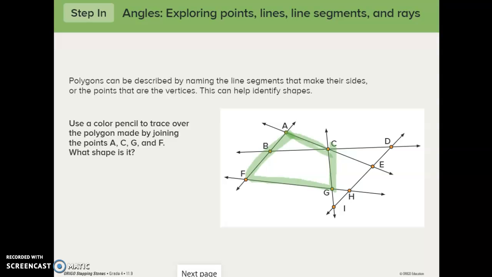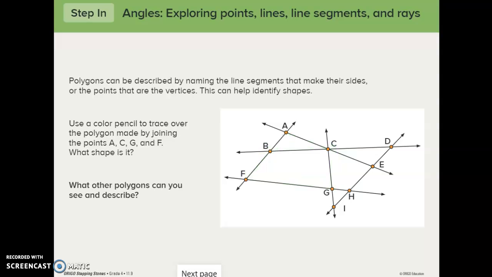Then we can look at different shapes within here. What other polygons can you see and describe? Some of you might see something like C, D, E. That would be a triangle. You can continue to see different polygons and shapes within here.